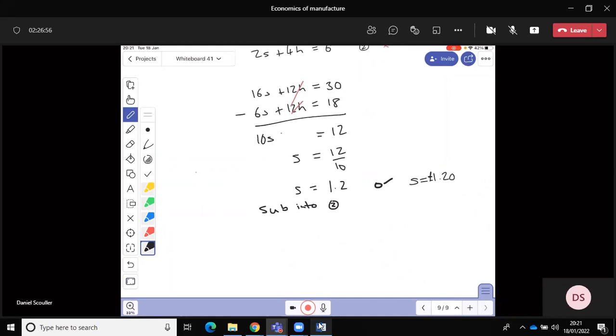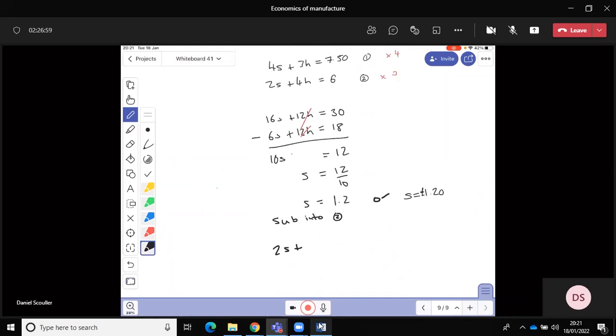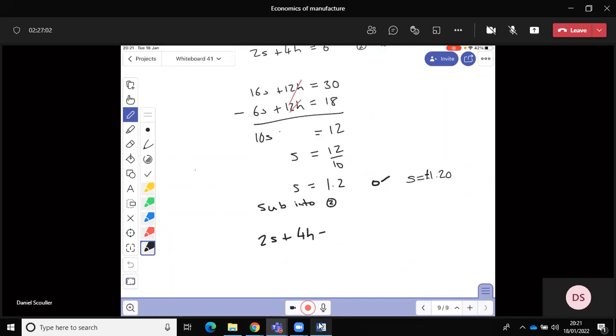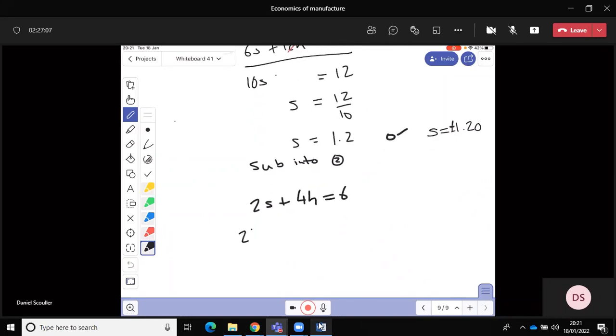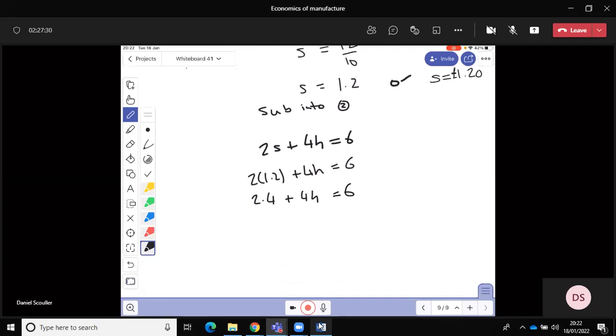So equation 2 was 2s plus 4h equals 6. 2 times 1.2 is going to be 2.4. 4h equals 6 minus 2.4.